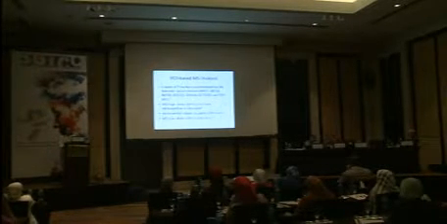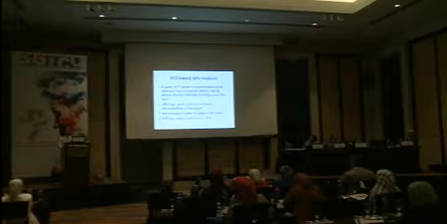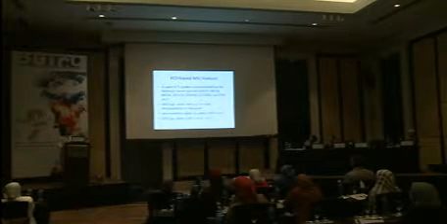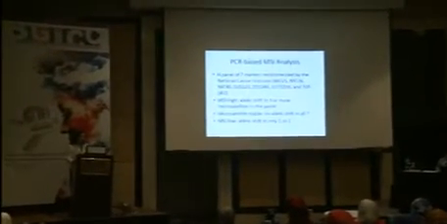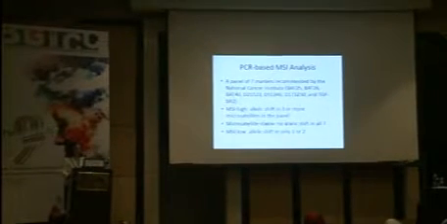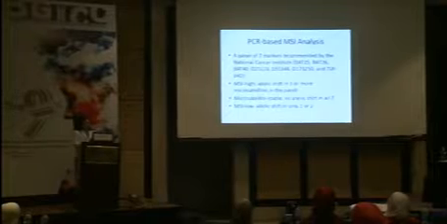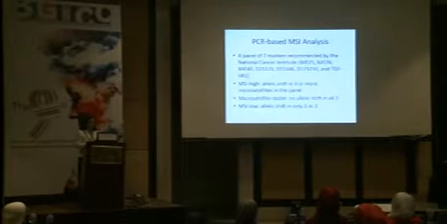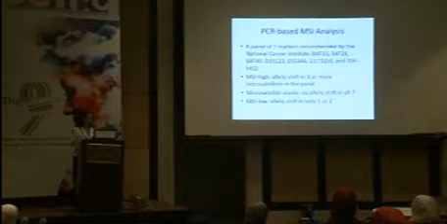And then there is another way to test for MSI analysis, which is PCR based. So what I have shown so far is immunohistochemical techniques to test for mismatch repair protein loss, but there are also PCR based techniques. So 7 microsatellite markers. There are a lot of microsatellite markers in the human genome.